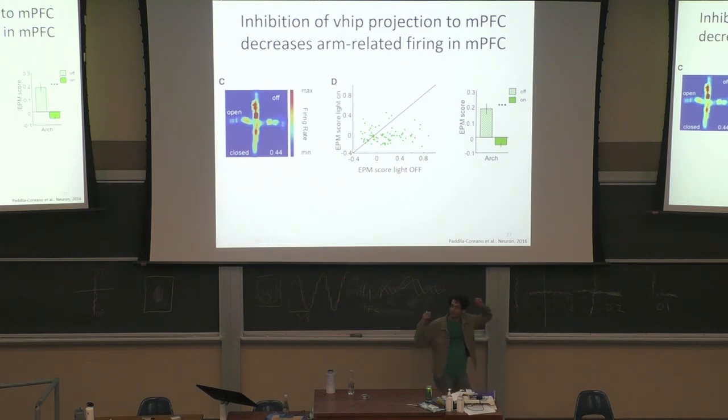So the idea was that the ventral hippocampus is sending some information that's being used by those cells to generate this closed versus open separation, and that's why they're more synchronized to ventral hippocampus, because they're listening to that contextual input and using it to assign this anxiety valence.